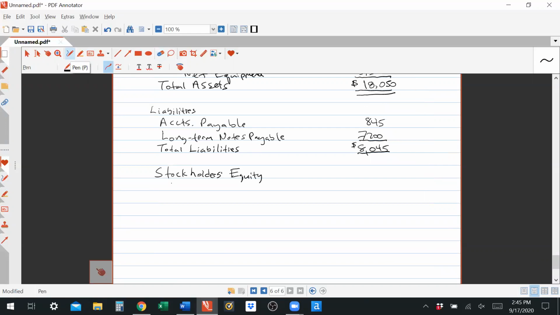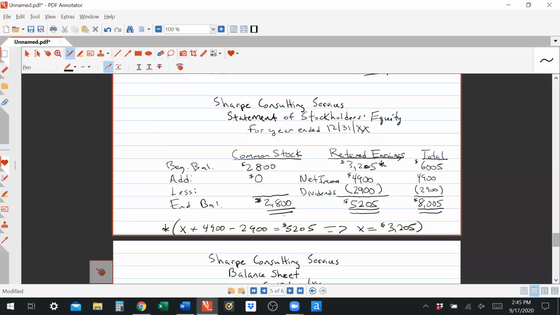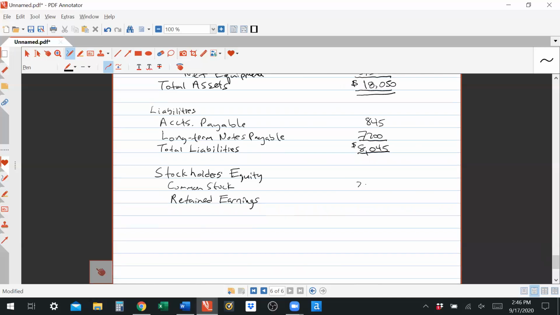So stockholders' equity, then we have our common stock. And we have our retained earnings. And then according to our statement of stockholders' equity, this common stock ending balance is 2,800, and we got that from the adjusted trial balance. And the ending balance from retained earnings is 5,205. 2,800, 5,205.